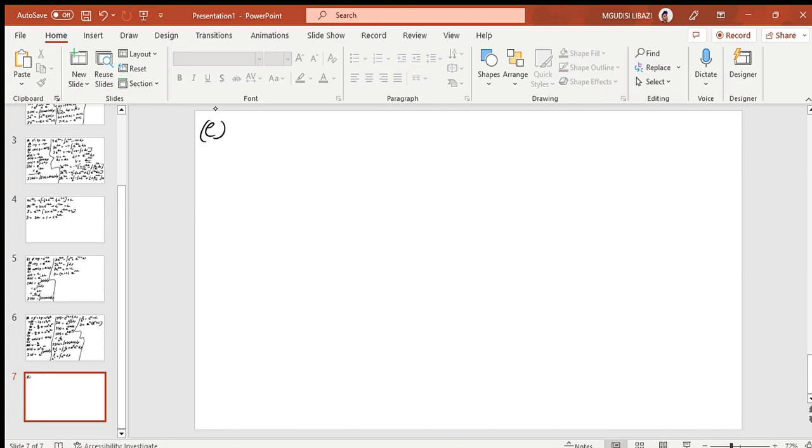For problem number E, we have y prime plus y sine of x equal to e raised to cosine of x, where y of 0 is equal to negative 2.5. So now we can see that this can be written as dy over dx plus y sine of x equal to e raised to cosine of x.